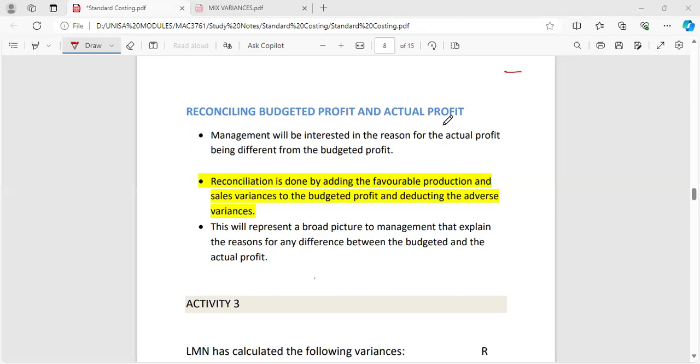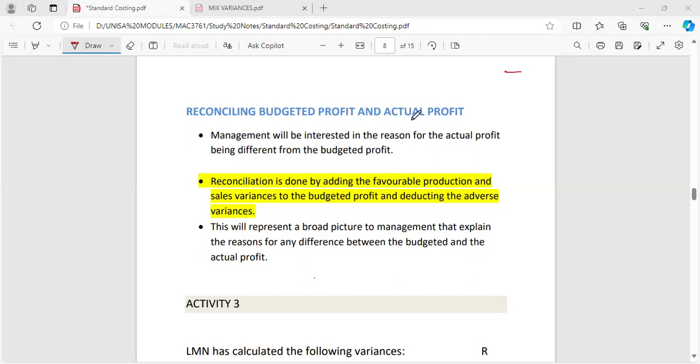So today we are going to continue with our variance analysis, and we're going to look at the further aspects in variance analysis. Remember, in our MAC third level, we always deal with more than one product.